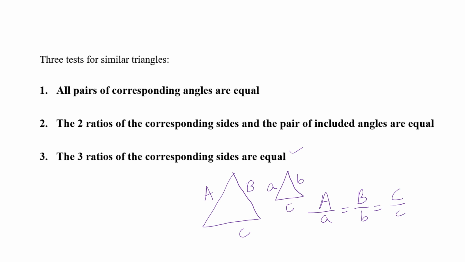Sometimes you will also have to prove it such that the ratio of two sides are the same, this and this the same as this and this, and the included angle. So that is rule number 2. You need to familiarize yourself with all these 3 different tests for similar triangles.